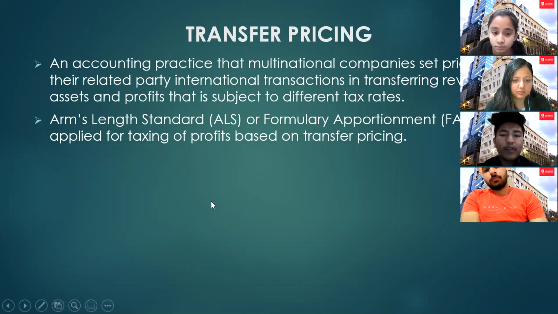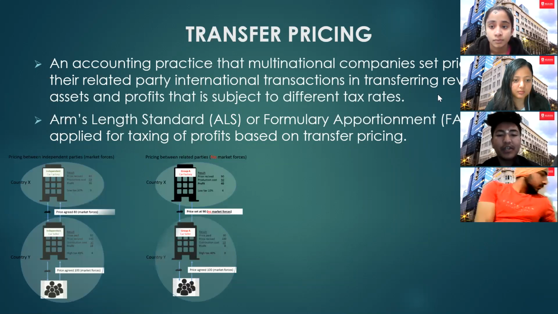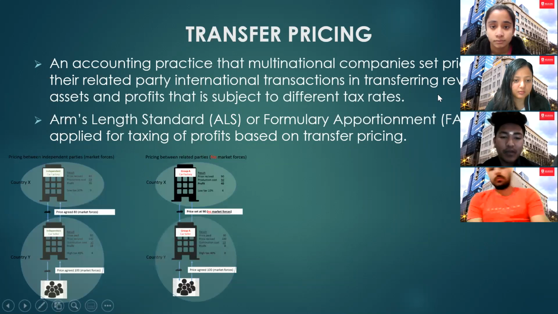We have some images below. The first image shows the pricing between independent and dependent parties, where independent parties include market forces and dependent parties do not include any market forces.